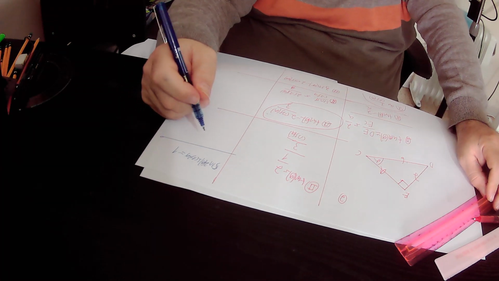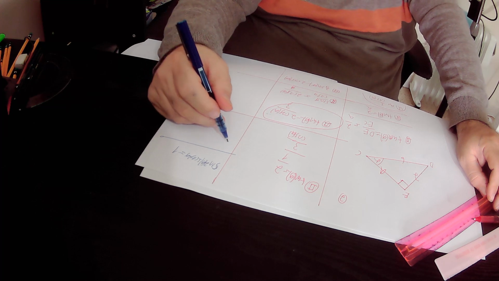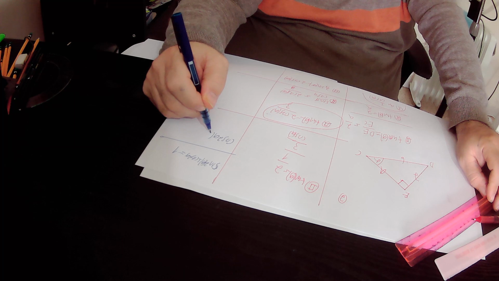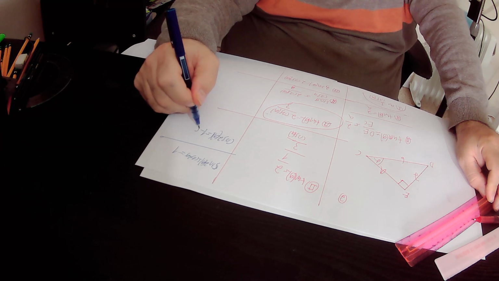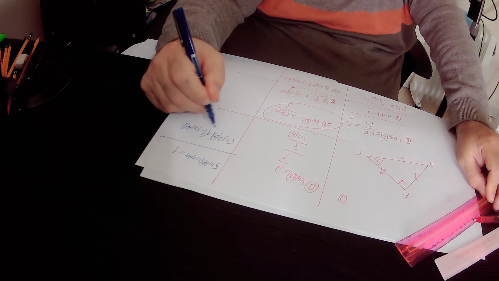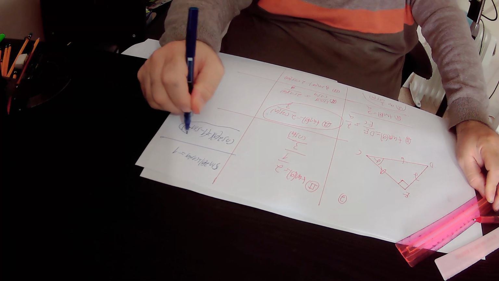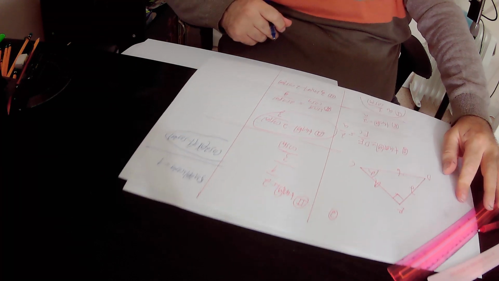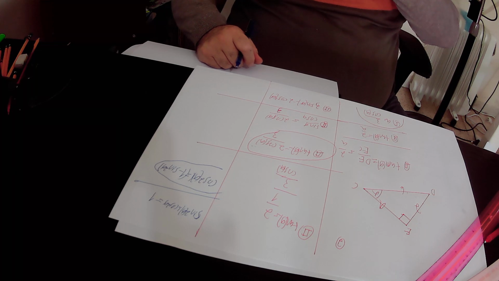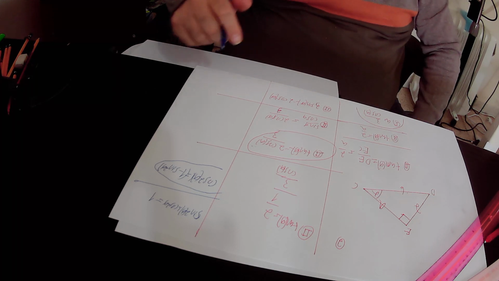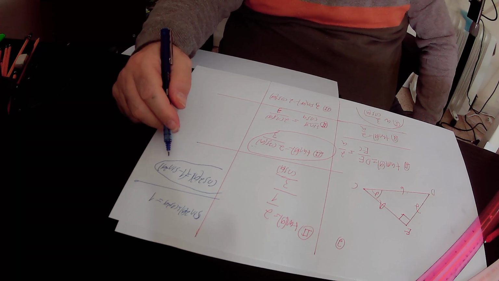We subtract sine square alpha from this equation, and we get that cosine square alpha equals 1 minus sine square alpha. So here we can substitute cosine square alpha in equation number 2 by 1 minus sine square alpha.